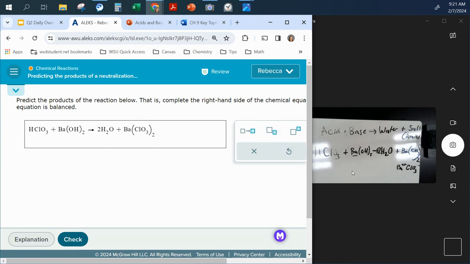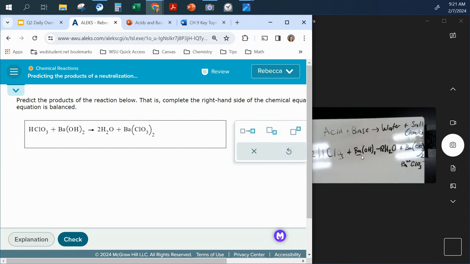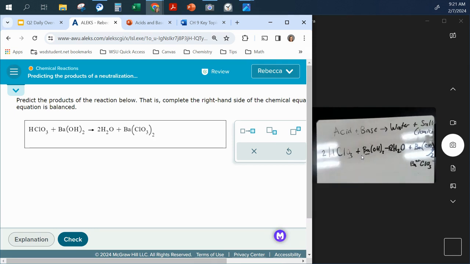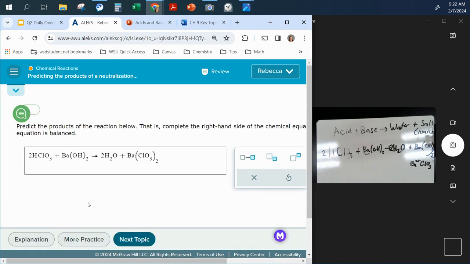And then we need 2 in front of, oops, I can't show that. I got a 2 in front of this chloric acid. Okay. Are you okay there? All right. So that one's a little bit harder.